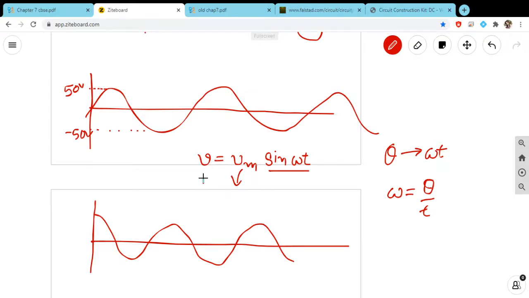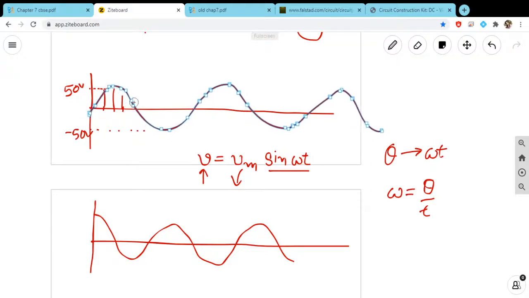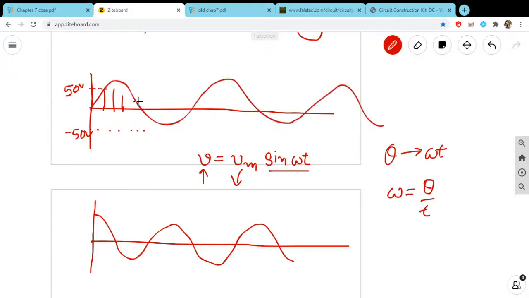So our voltage V means our instantaneous voltage. Instantaneous means at 1 second, at 2 second, at 3 second, the voltage can vary. At 1 second, suppose it is 49; at 2 second, it is 50, the maximum; at 3 second, it reaches 46; then at 4 second, it may be 0.